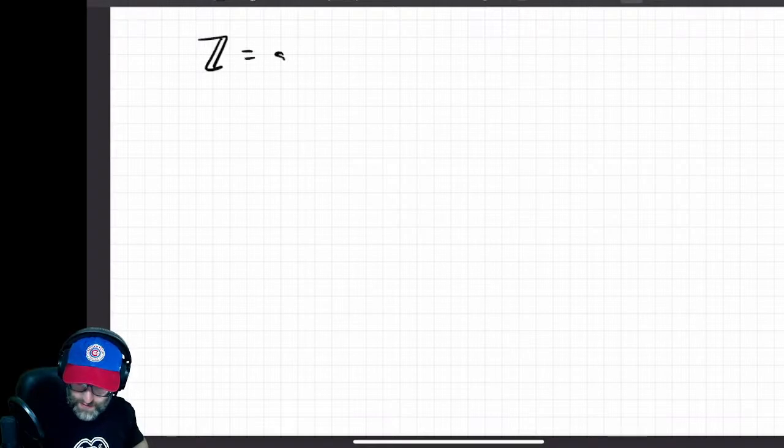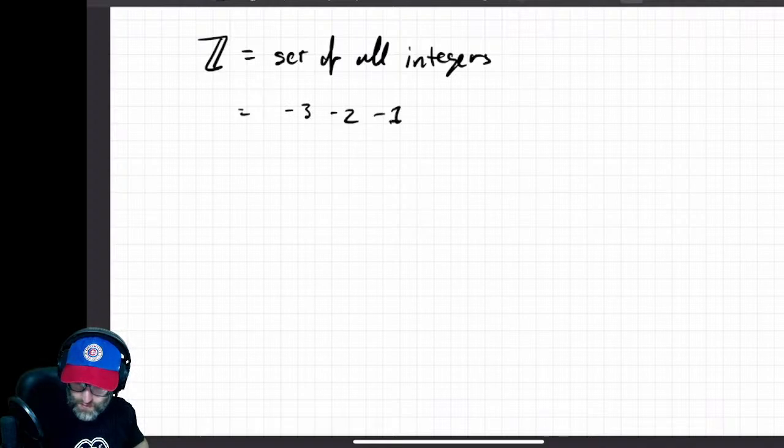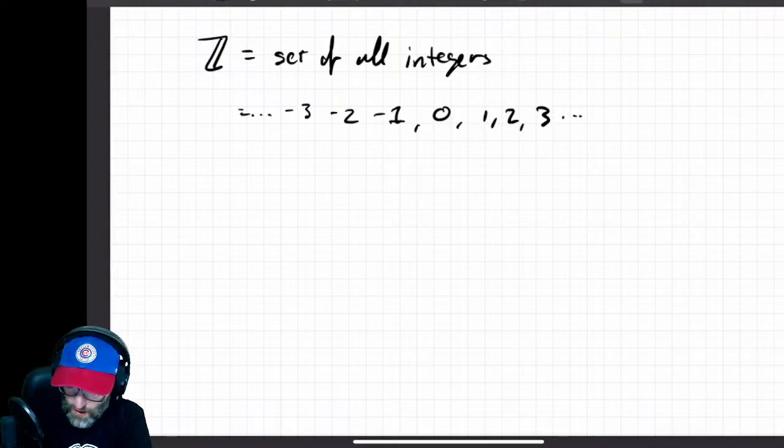This is the set of all integers. 0 or -3, -2, -1, 0, 1, 2, 3, ... It's infinite, but it is countable.